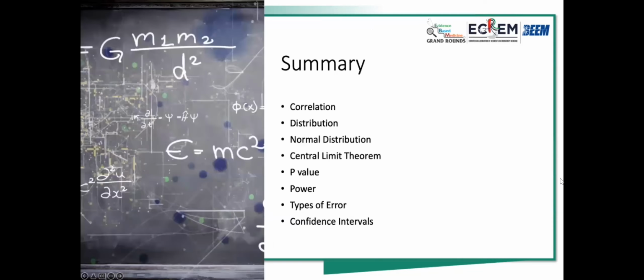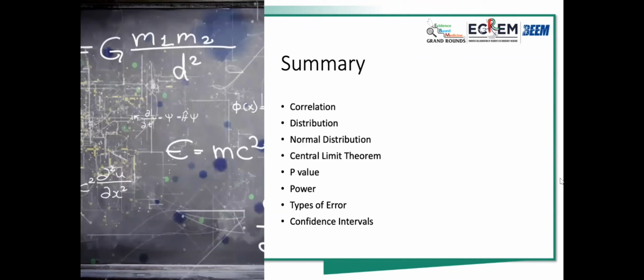Okay, so that's all I had for today. And in 40 minutes, we basically looked at correlation, distribution, we discussed normal distribution, we talked about the importance of central limit theorem.